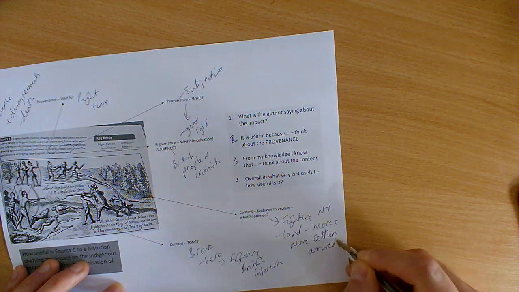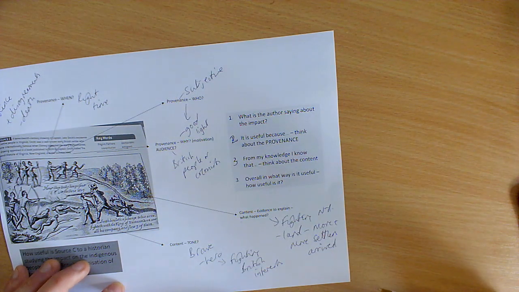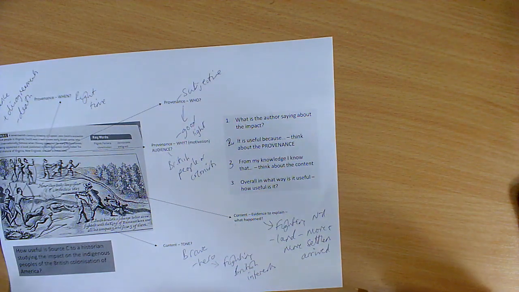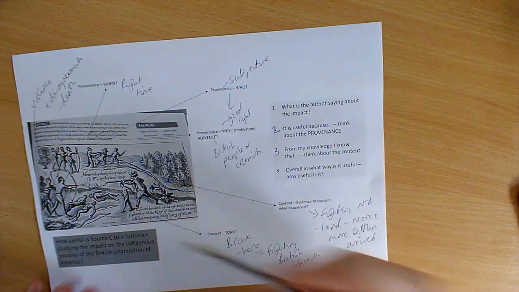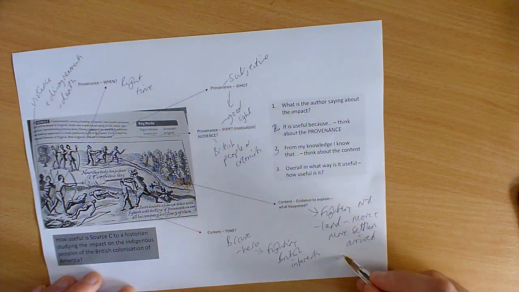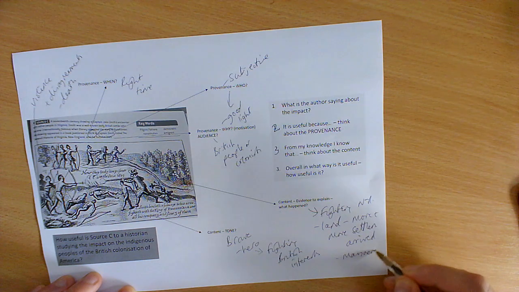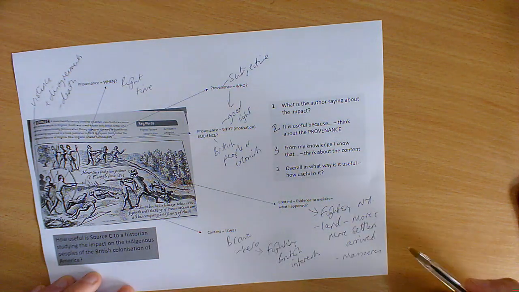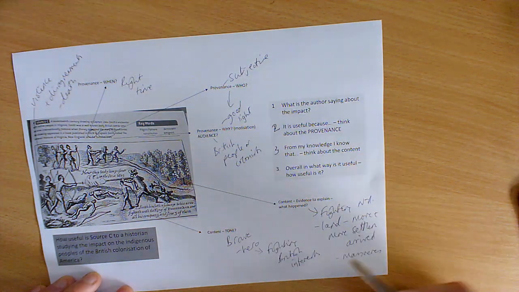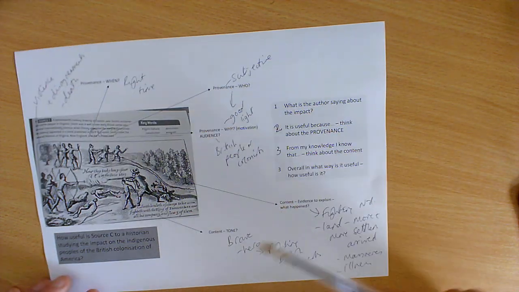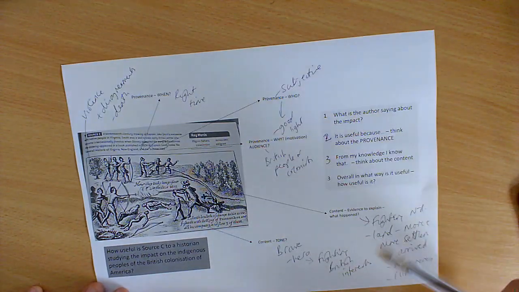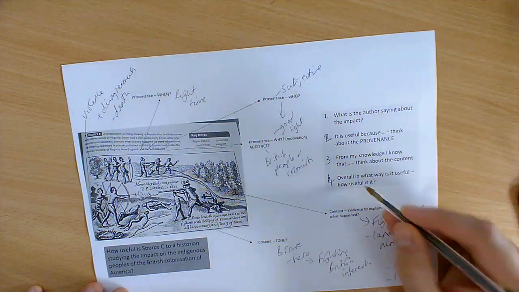So we know that what began as a reasonable relationship soon became very difficult because they were fighting over land. And we also know that actually led to massacres on both sides. And of course we also know that another big problem was illness in terms of the impact. So it is quite useful overall, if I'm thinking of number 4 here, what's my overall?